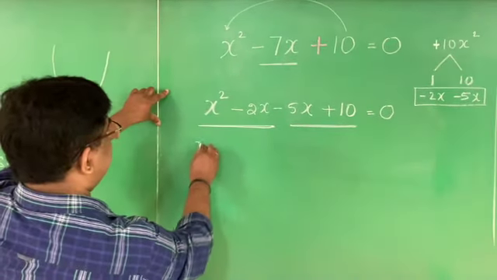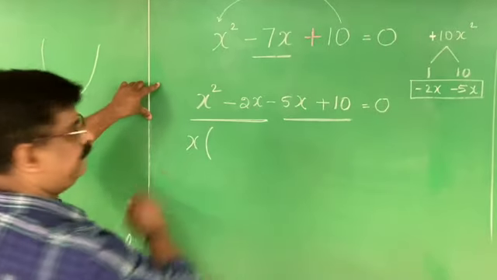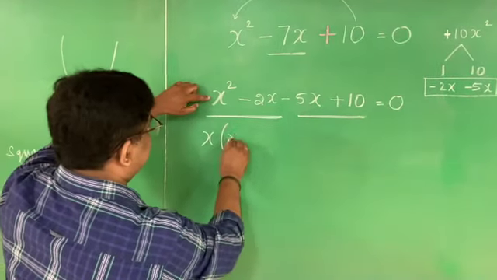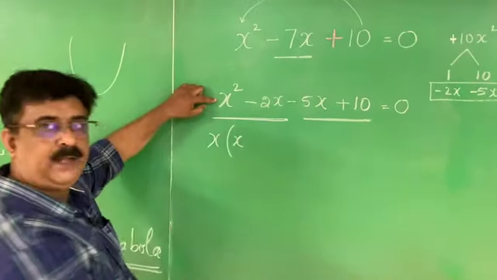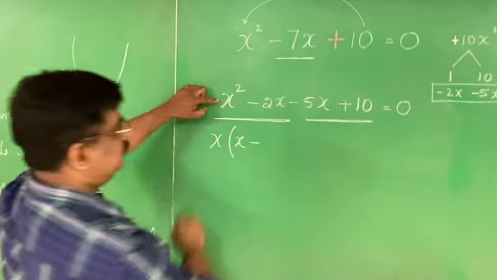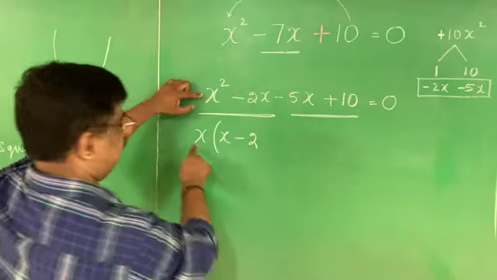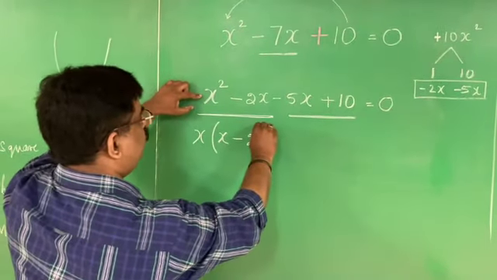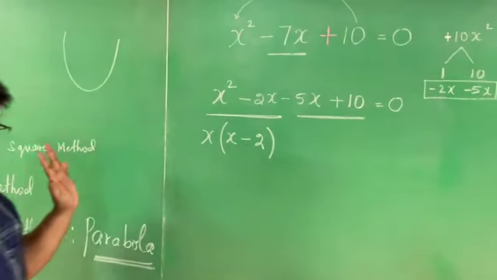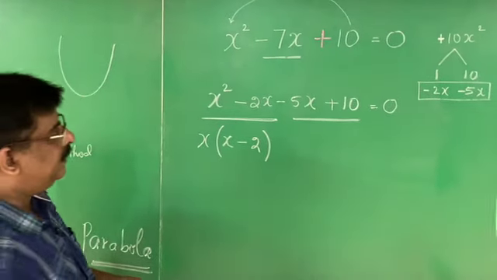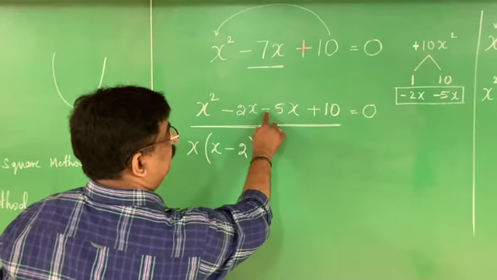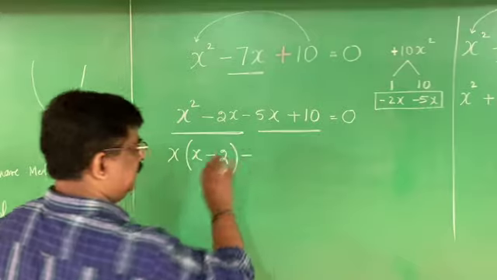I take x as a common factor. Then it becomes x, because x into x is x square. Minus, what is the common factor here? Common factor is 2, because x is already common. x into 2, 2x. Over. Then, what is the sign here? Minus. Right, minus.